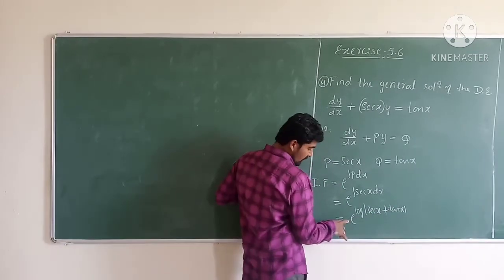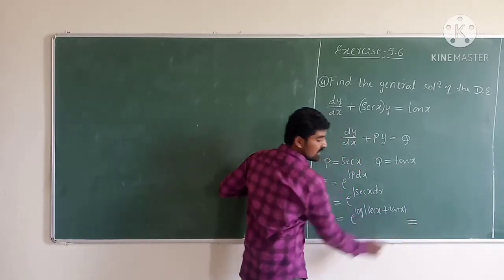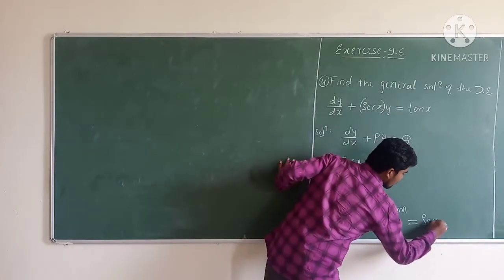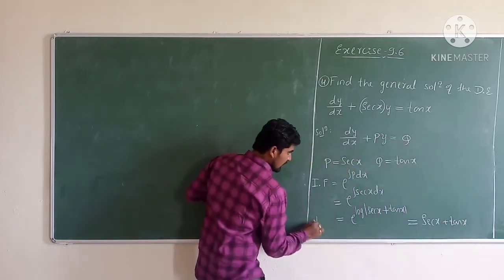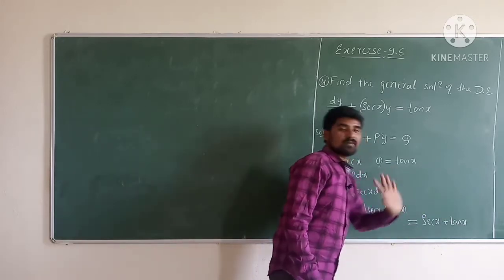So this is in the form of e power log f(x), and the value of e power log f(x) is f(x). The value of f(x) is secant x plus tan x. Therefore, the integrating factor of the given differential equation is secant x plus tan x.